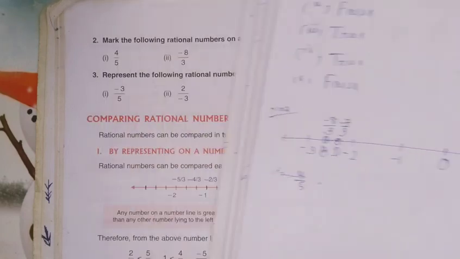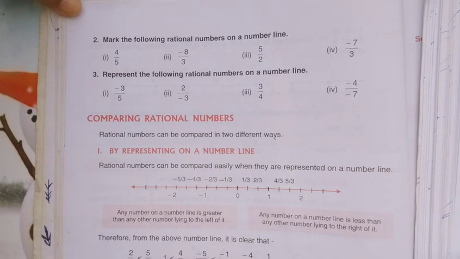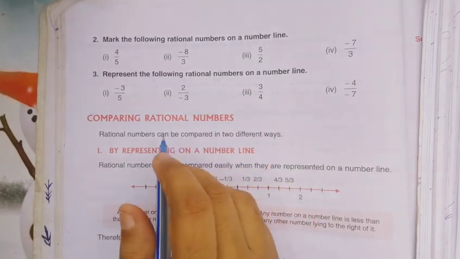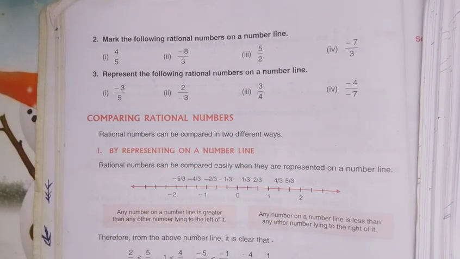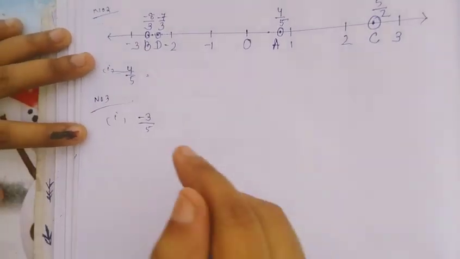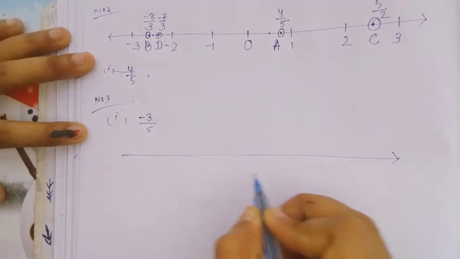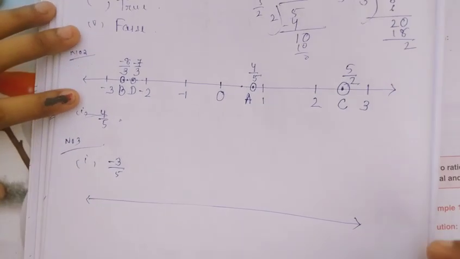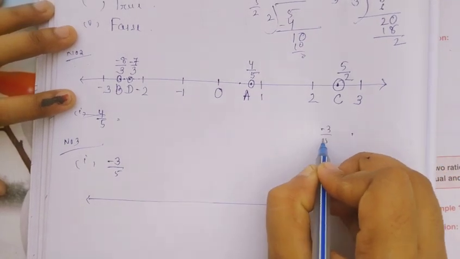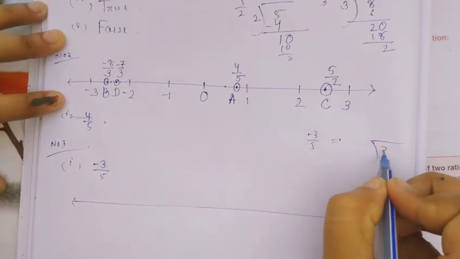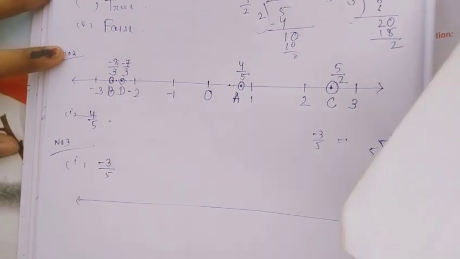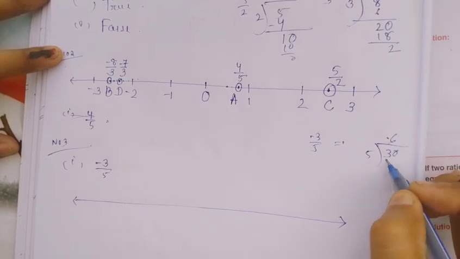Now we solve question number 3. Represent the following rational numbers on a number line. First point, minus 3 by 5. First I draw a number line. First we find its decimal number. Minus 3 by 5: 3 is less than 5, so we put a decimal and here we put 10. 5 times 6 is 30.